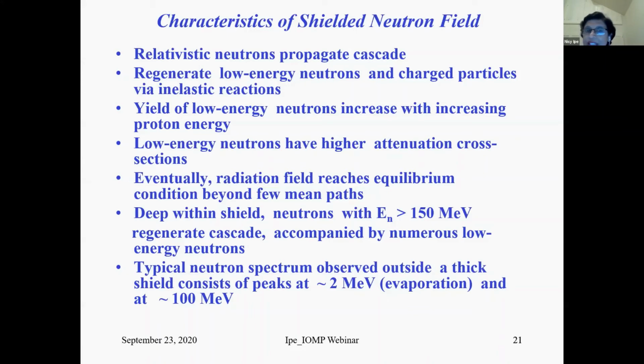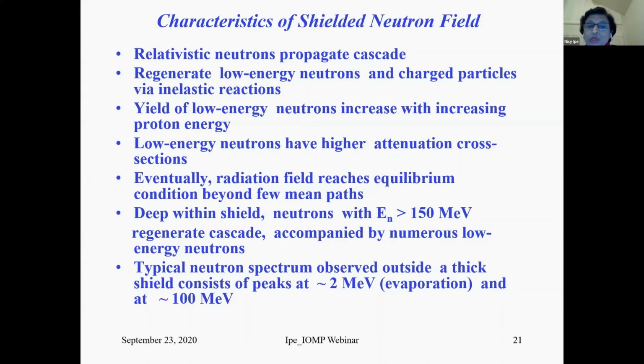So eventually, the radiation field will reach some equilibrium condition beyond a few mean free paths. So deep within the shield, neutrons with energy greater than 150 MeV will regenerate the cascade, and even though they are few in number, they will be accompanied by numerous low energy neutrons.